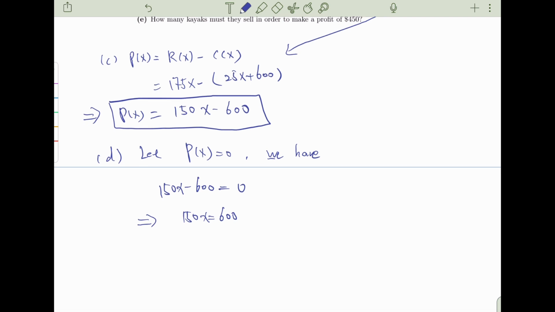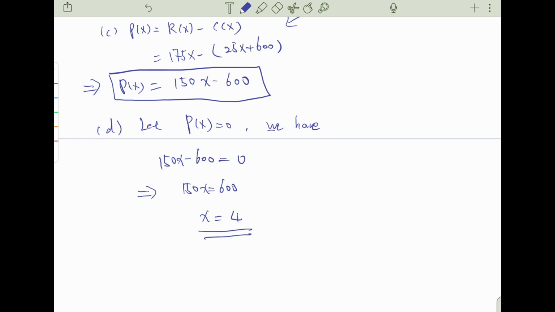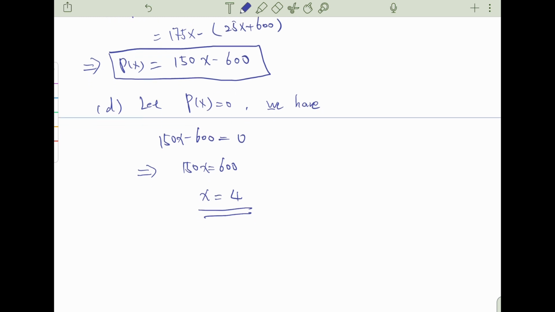And now divide both sides by 150. We have x equal to 4, right? So in order to break even, you have to at least build 4 kayaks, right?